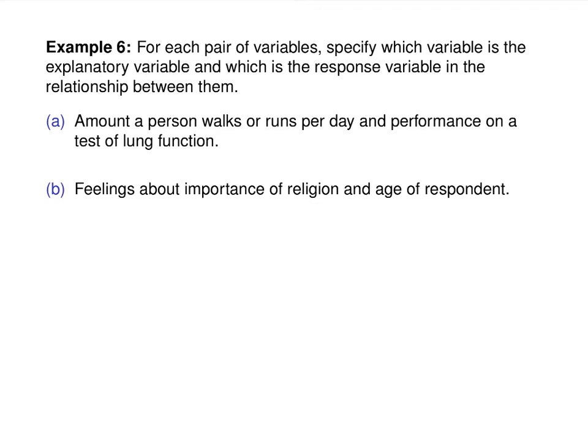So for each pair of variables, specify which variable is the explanatory variable and which is the response. So the amount a person walks or runs per day and performance on a test of lung function. Well, in this case, I would say the explanatory variable is the amount of walking. Probably the response variable is the lung function.